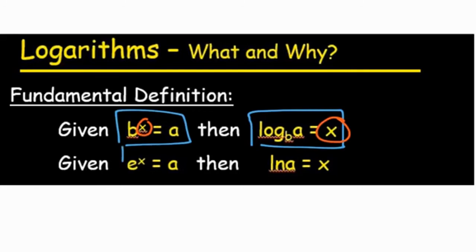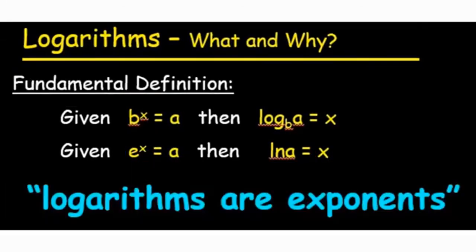If we had e to the x equals a, just a special base e, well, that would be a special base logarithm. We call it the natural log. And so we could say that the natural log of a is equal to x. And once again, we see that a logarithm is always equal to an exponent. In fact, that little phrase is something worth repeating. I find that it helps students understand logarithms because logarithms are exponents.